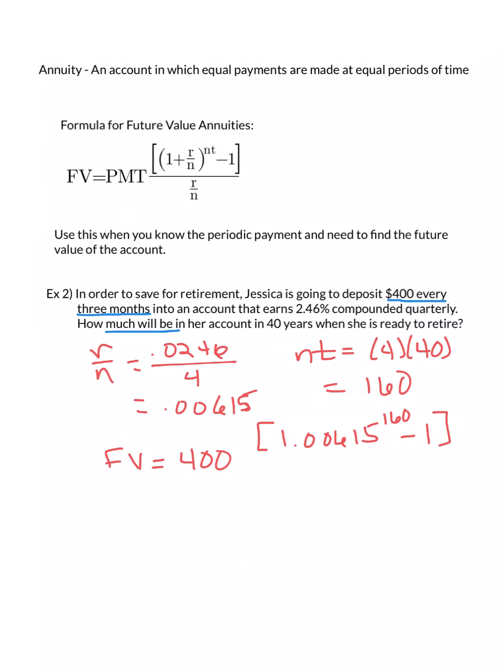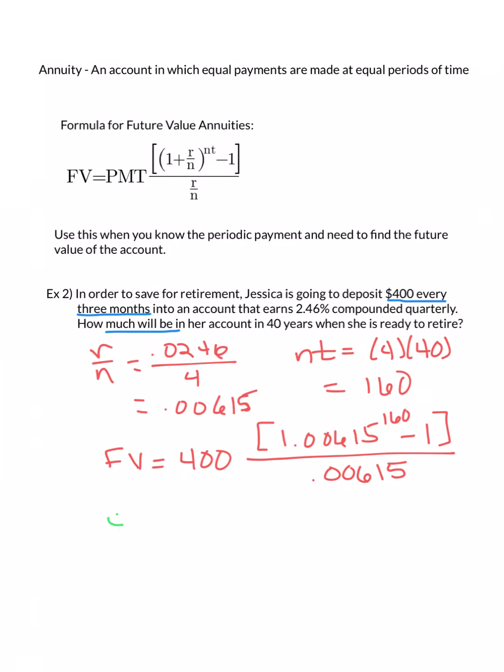All that goes in the bracket, and then over the r over n we found, 0.00615. By finding those decimals and the nt ahead of time and then putting it into the formula, now the calculator work is easy.